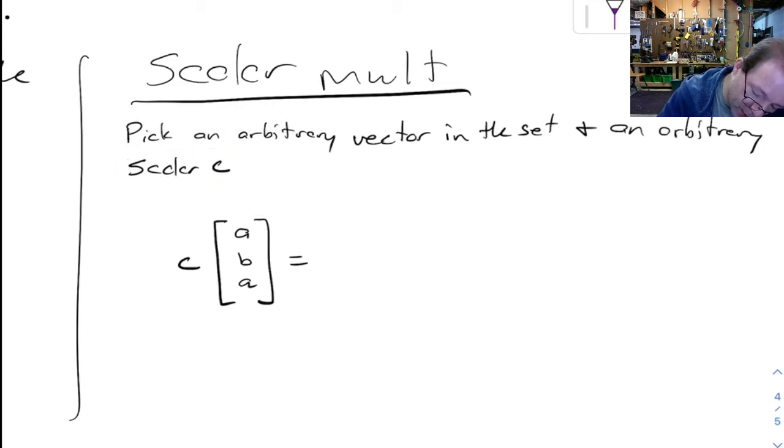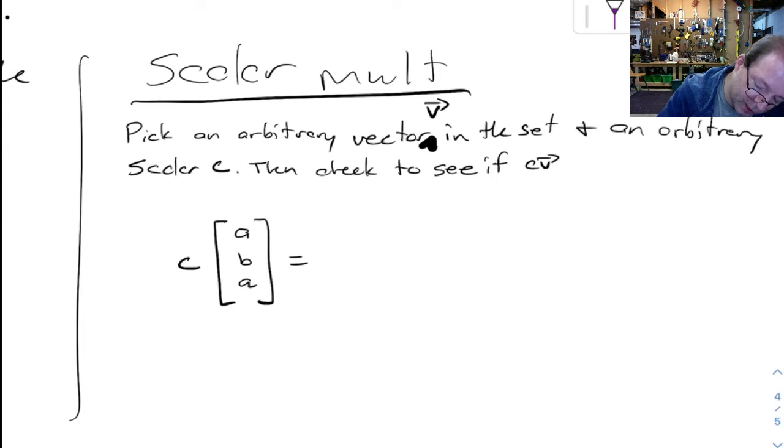An arbitrary vector, I'm going to call it little v, and an arbitrary scalar C. And then we check to see if CV is in the set.